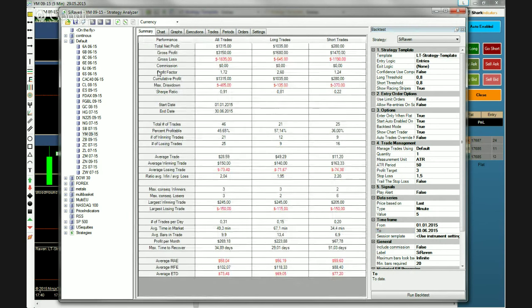So this is based on a total of 46 trades. Average losing trade is about 75 bucks. Average winning is 150. So it's taking just very small slices out of the market, which I think is appropriate for day trading.